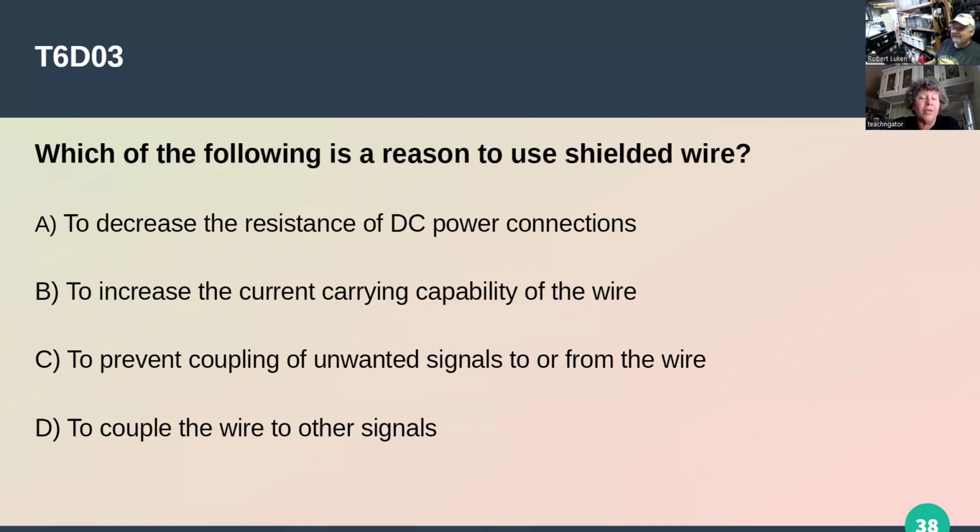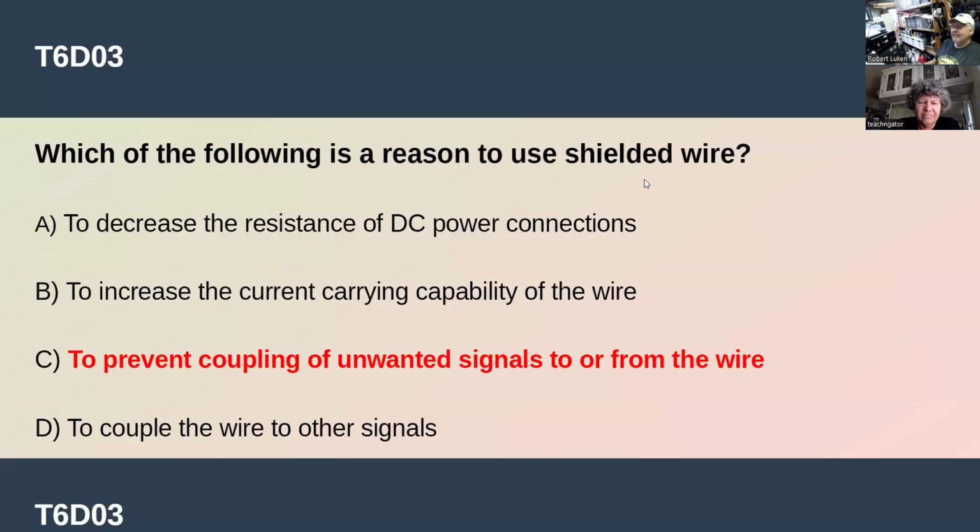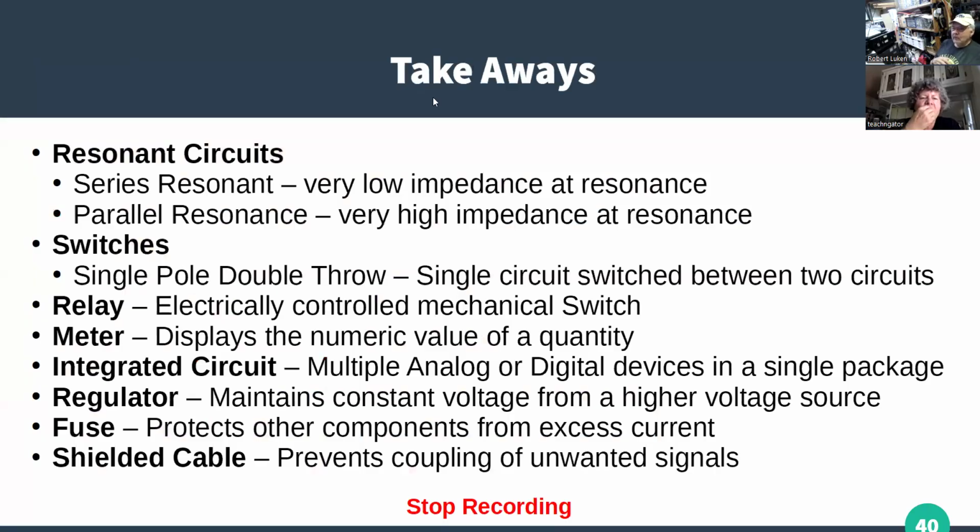Anyway, this would be Charlie. Okay, so what did we learn about resonant circuits? That a series circuit has a very low impedance at resonance. Parallel has a very high impedance at resonance. We learned about single pole double throw switches that can switch between two different circuits.